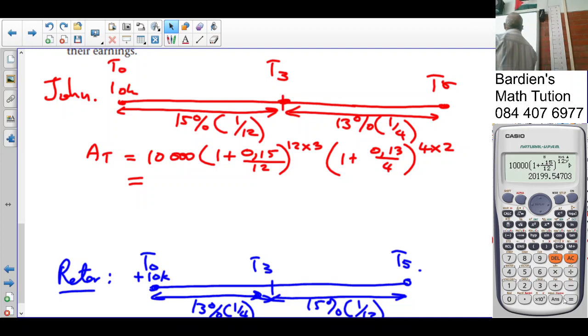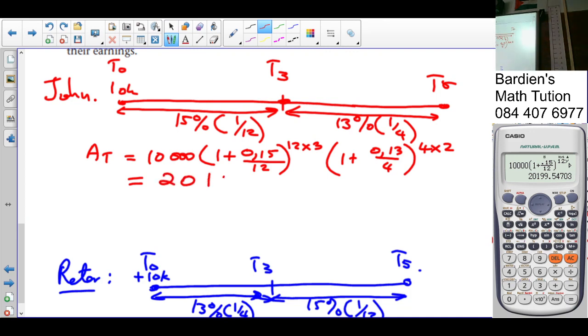It's going to be 20,199 Rand and 55 cents. All okay with that?